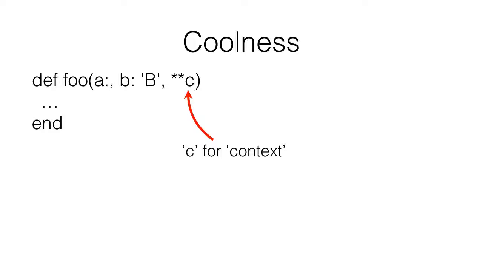I only have to give it an A. And foo will ignore any values I give it that it doesn't know what to do with. That's okay. So what? Well, this enables a whole new style of functional programming in Ruby that I call a context funnel.